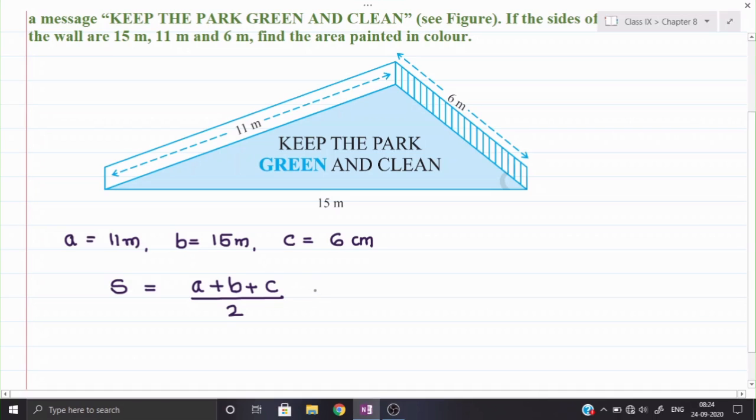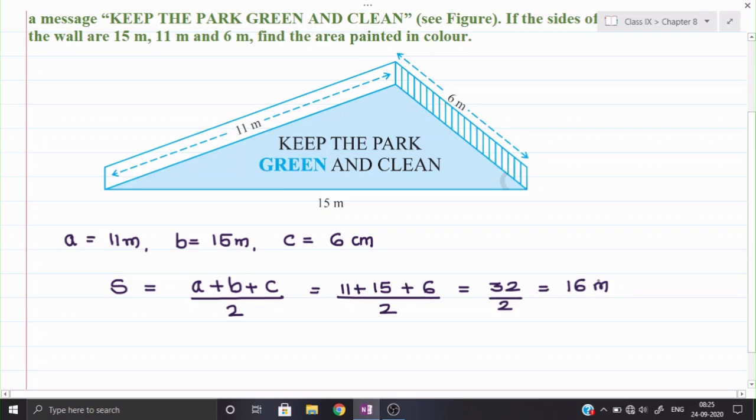Now the value of s is 11 plus 15 plus 6 whole divided by 2. Simplifying further, 11 plus 15 is 26, and 26 plus 6 is 32. So 32 divided by 2 is equal to 16 meter. This is the semi perimeter.